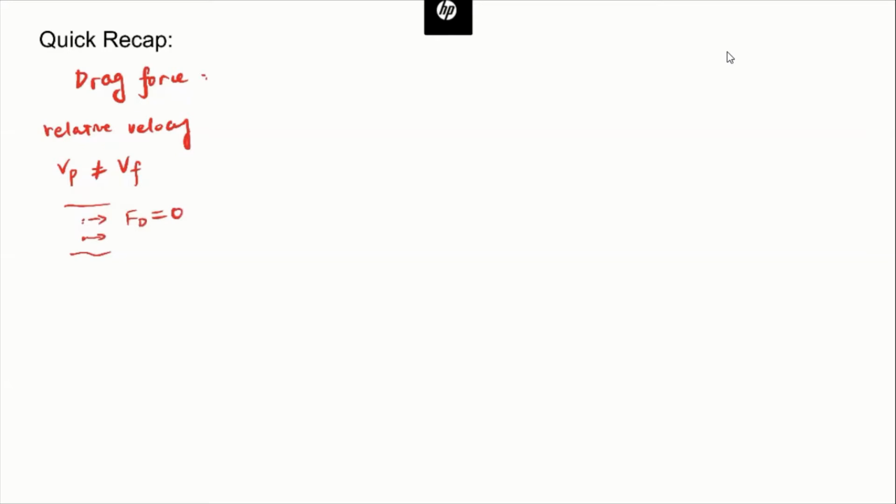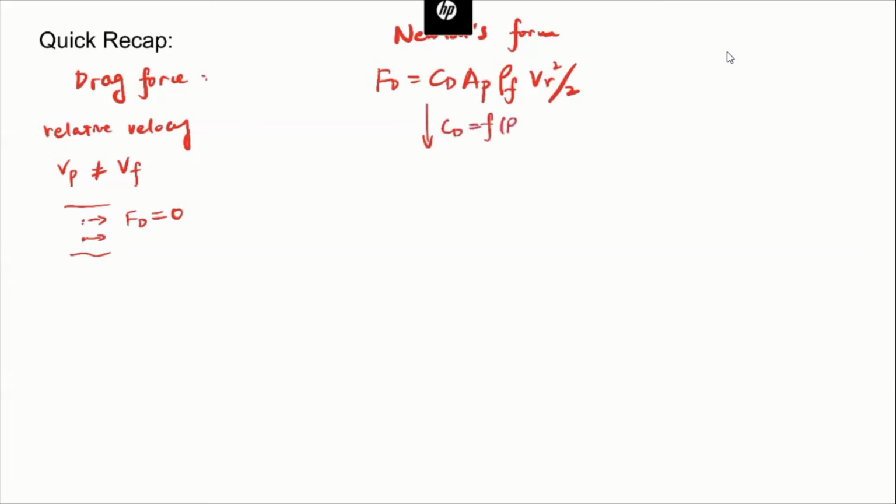So we started the drag force equation with Newton's form. That will give you F_D equal to C_D A_P rho_F V_R squared divided by 2. Then we introduced that C_D is a function of the Reynolds number.